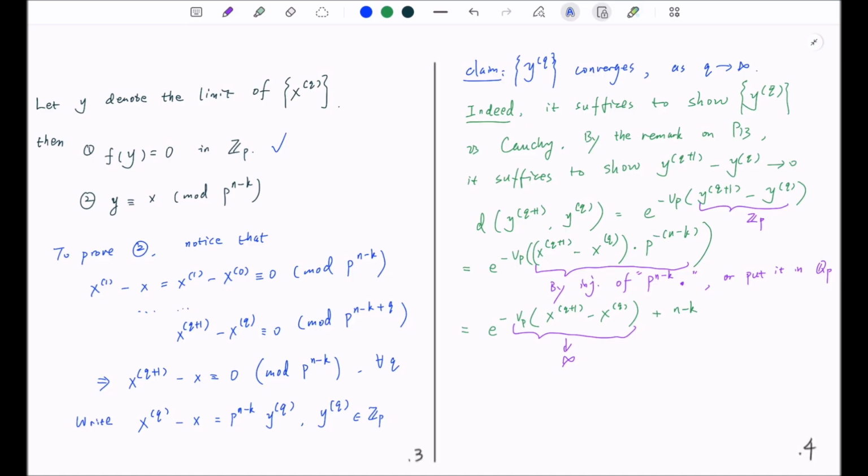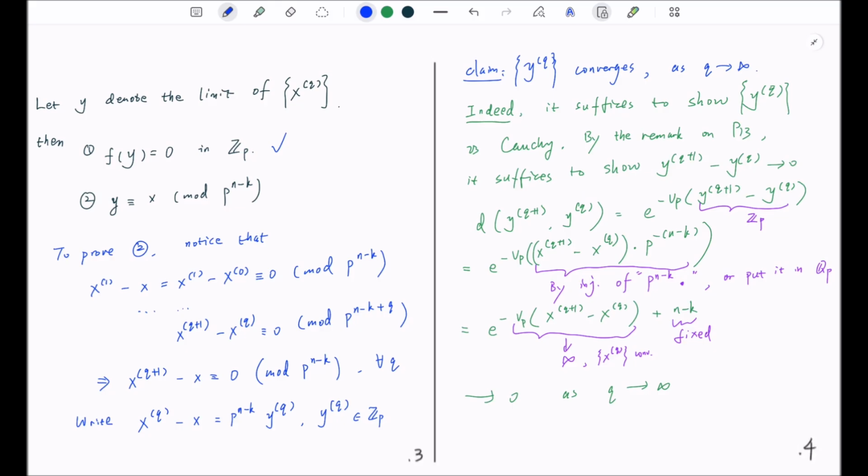So this part will go to 0. And this n minus k is fixed. So this whole thing will go to 0 as q goes to infinity. And this verifies that y q is Cauchy and therefore convergent.